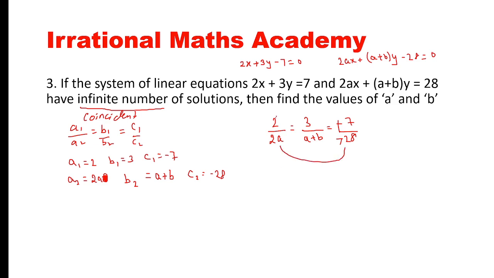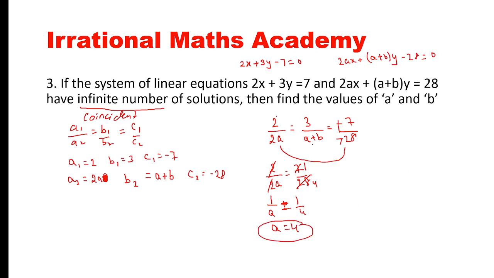If you solve this, what do you get here? 2 by 2a equal to 7 by 28. 2 ones are 2, 2 ones get cancelled. 7 ones are 7, 7 fours are 28. So I am left with 1 by a equal to 1 by 4. Cross multiply it. A equal to 4 you got.